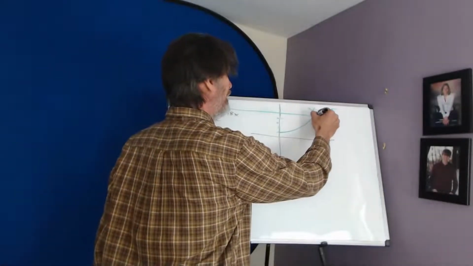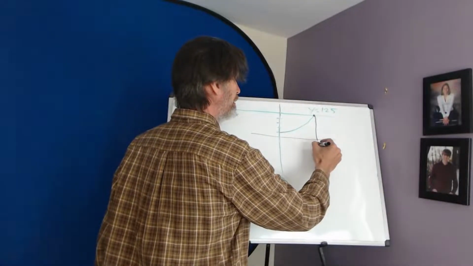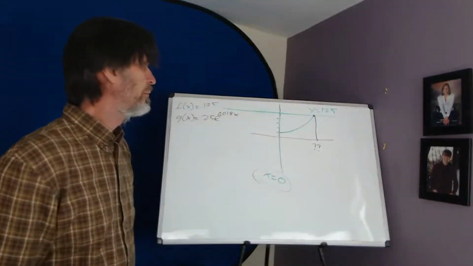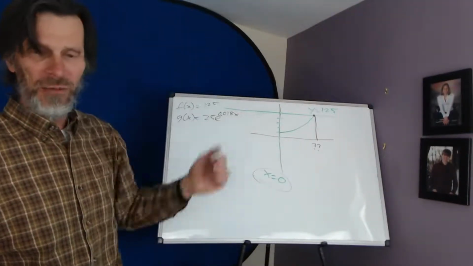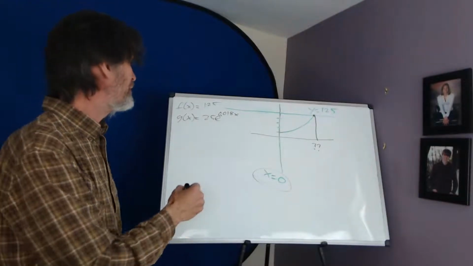Really need to know that x value right there. And if I didn't have the graph, perhaps it could be over here. But how am I going to find it? I have to set them equal to each other.